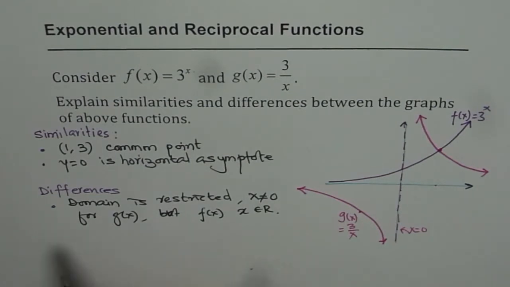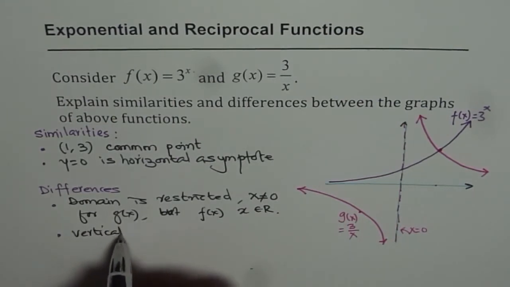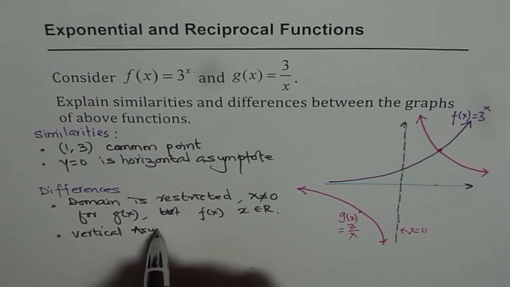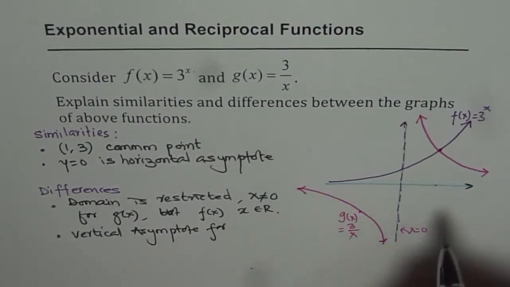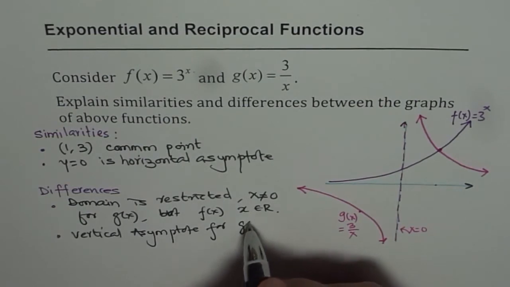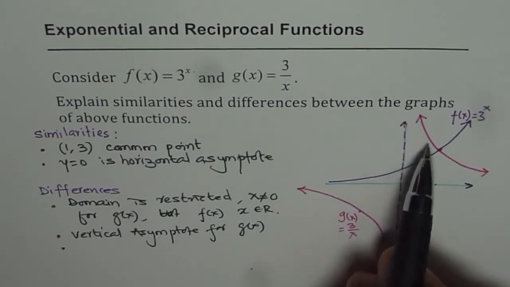And second, because of the domain restriction, we have a vertical asymptote for the reciprocal function g of x, but not for f of x, correct? Then, if you look within the domain, the reciprocal function is decreasing in its domain. Do you see that?